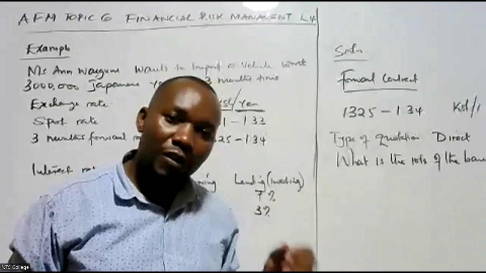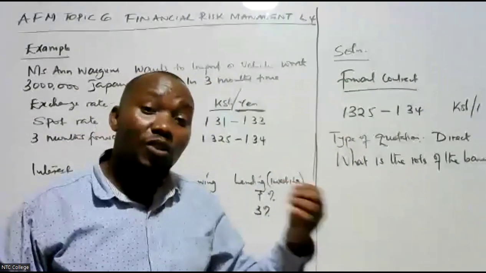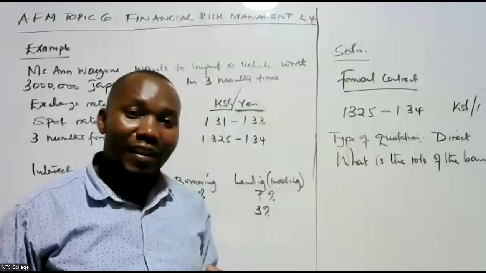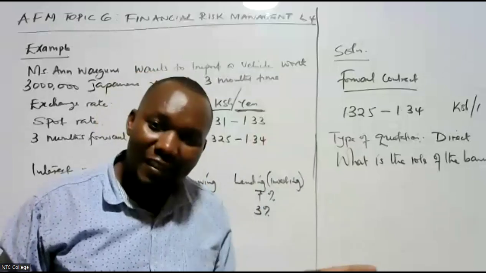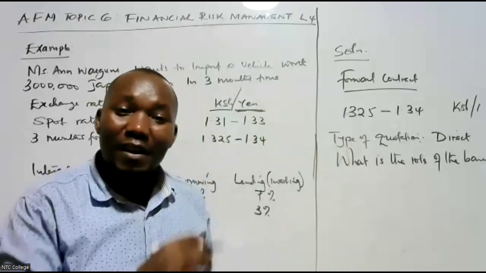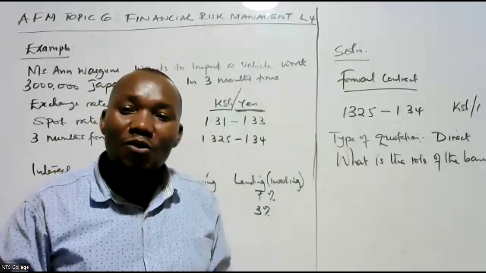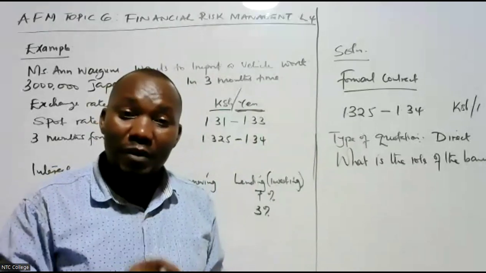Can you help me with Japanese yen? So the bank will sell to you yen, right? You are going to make payment. For receipt, the bank buys from you. You are the one who has the item. But for payment, it is you who is looking to make the payment.